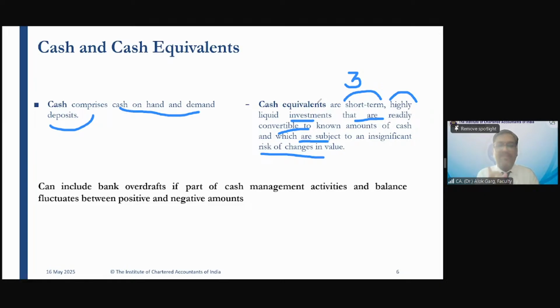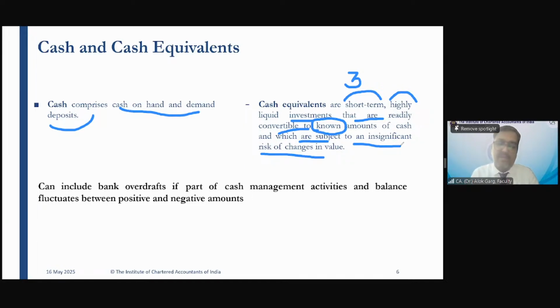But when you complete the definition, your answer would be no, right? Like Abhishek told, sir, it is short term, it is highly liquid also, and it is readily convertible to cash. But the definition says readily convertible to known amounts of cash, which is subject to an insignificant risk of change in value.